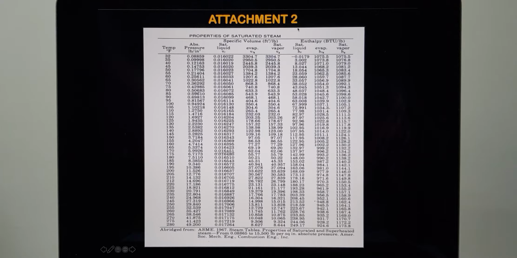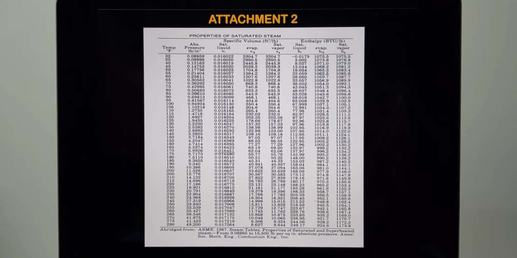But for the enthalpy of attachment 2, since this one is using British units, the enthalpy unit is BTU per pound. The first column under the enthalpy is saturated liquid, HF. Then we have the evaporation, HFG, latent heat of evaporation, followed by saturated vapor, Hg. So every single property of steam is available here. You do not need to do subtraction as you did in attachment number 1.